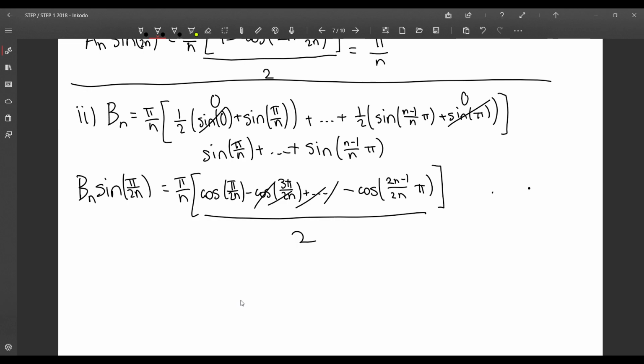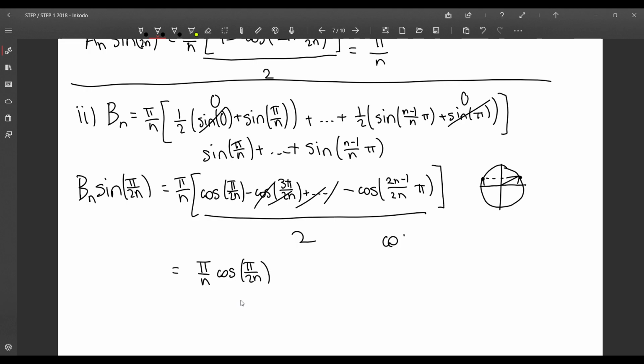And then the cosine, if we look at a unit circle, the cosine reflects itself negatively across, so this is going to end up being pi over n cosine pi over 2n.